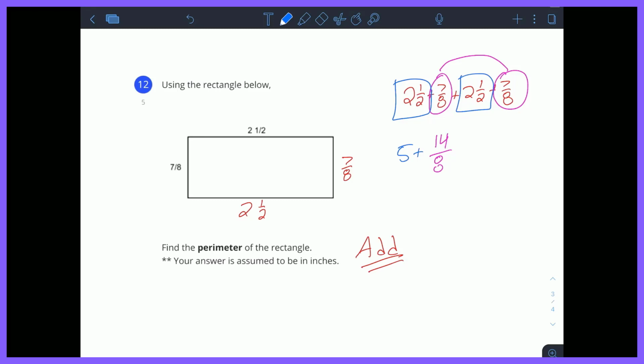The only thing I have to do to finish this problem is convert 14/8 into a mixed number, because I can't have an improper fraction and a whole number like this. So I know 14/8 is 1, because that would be 8, and then it'd be 6/8 left over. And then I have the 5 here, of course, 5 plus 1 and 6/8.